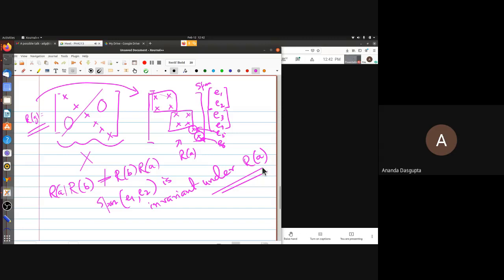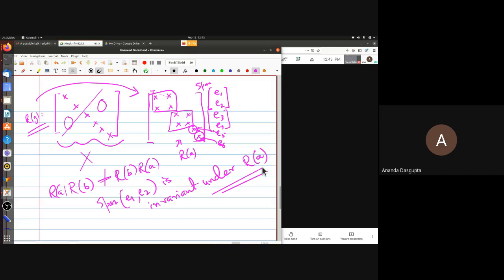But are they invariant only under RA? No. We are claiming that they are invariant under the action of all 6 group symmetry operations. So take any vector in the span of E1, E2, apply the operation A, B, C, whatever. You end up with different vectors every time, perhaps, but these different vectors are all within the span of E1 and E2.